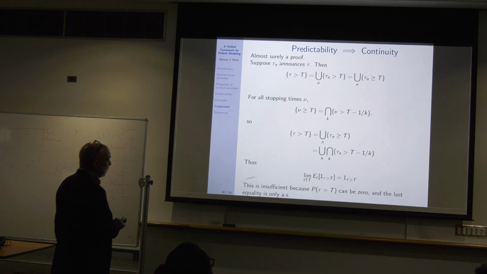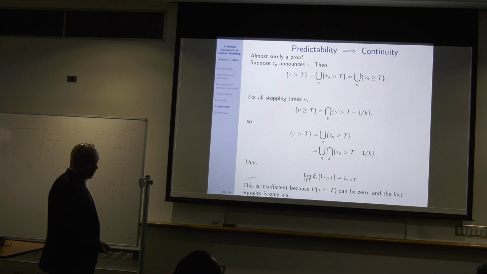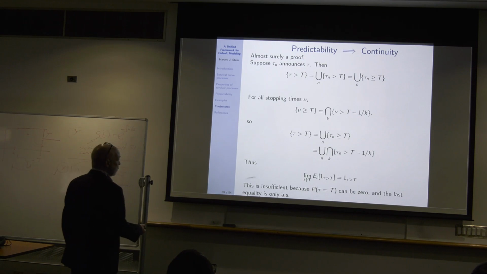Look at it the other way around: if you stop before cap T, then you have to have stopped at some time that's less than cap T minus 1 over k for some k. So it falls out. Only the times where you haven't stopped yet are in the intersection of all of these.